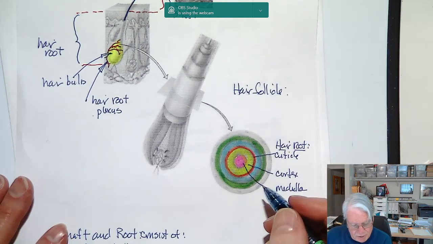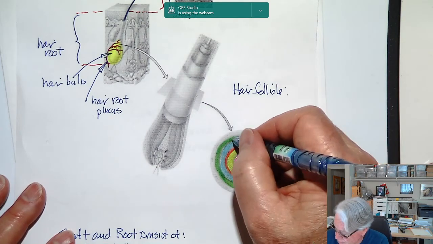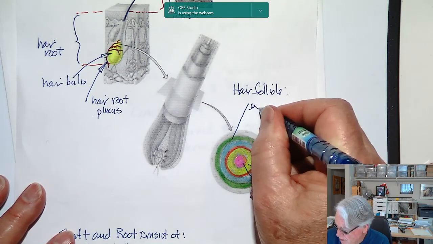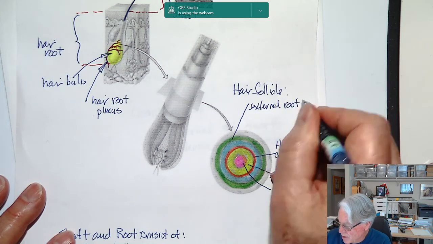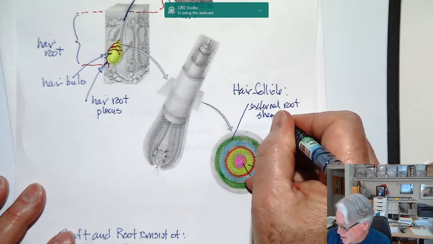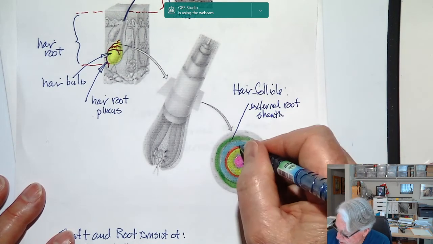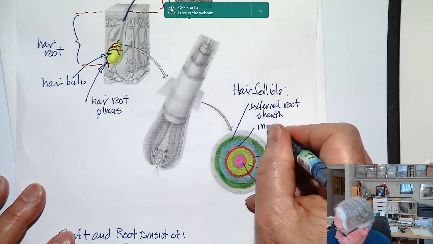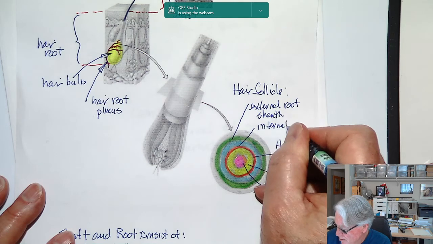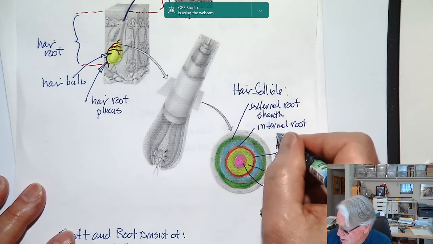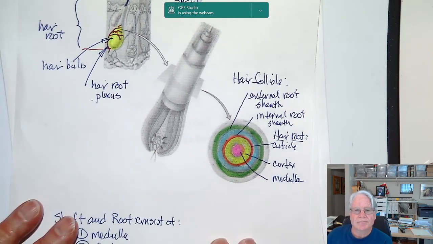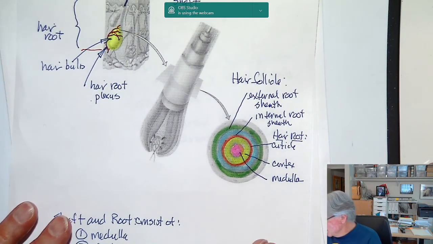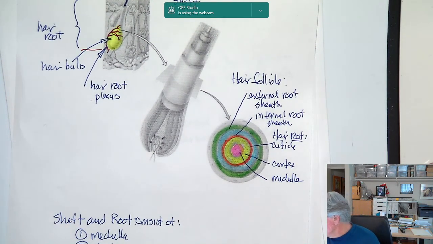And that is composed of the external root sheath and the internal root sheath.